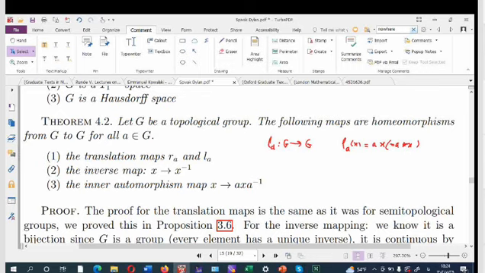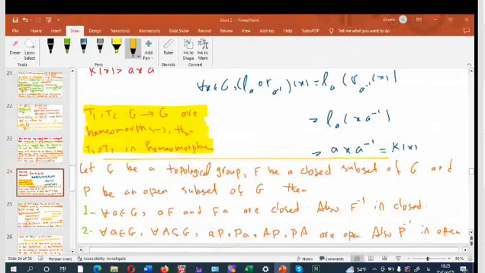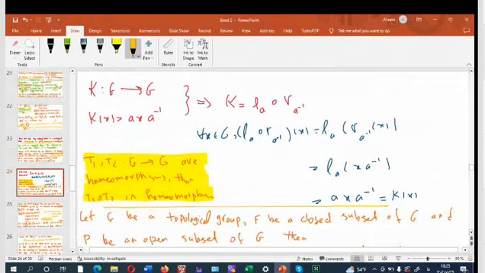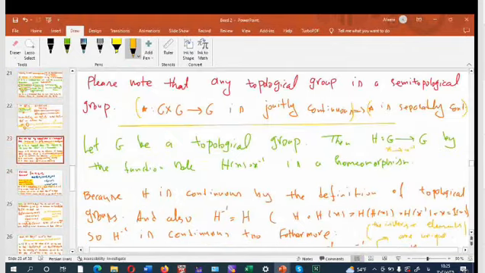And we have this theorem. These translations are homeomorphisms. We proved this in semi-topological groups. Please note that any topological group is a semi-topological group.